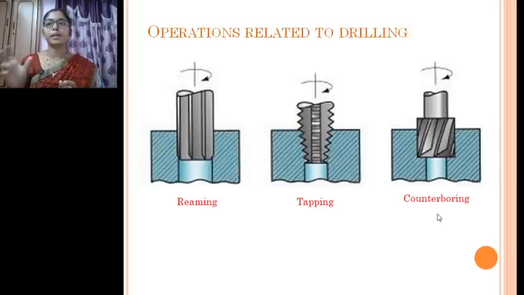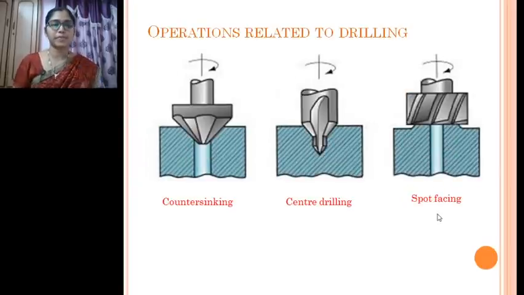In the same way, in boring also, the hole can have a large size and then a smaller size and then smaller still. Such reductions in diameter, or stepped holes, can be produced by using a counter boring tool. Counter boring is the operation which gives out stepped holes. All these operations we will be seeing in the next video.